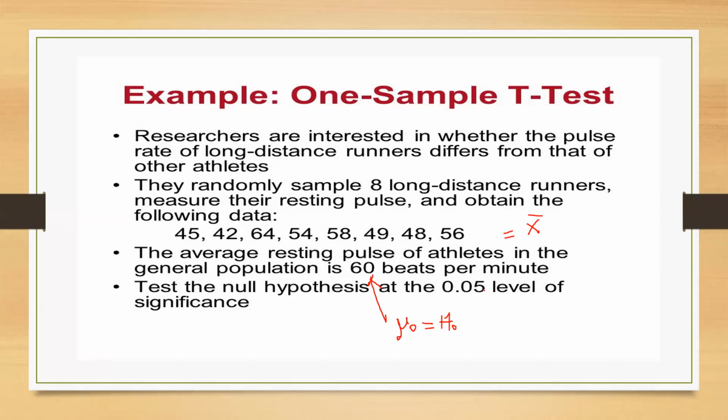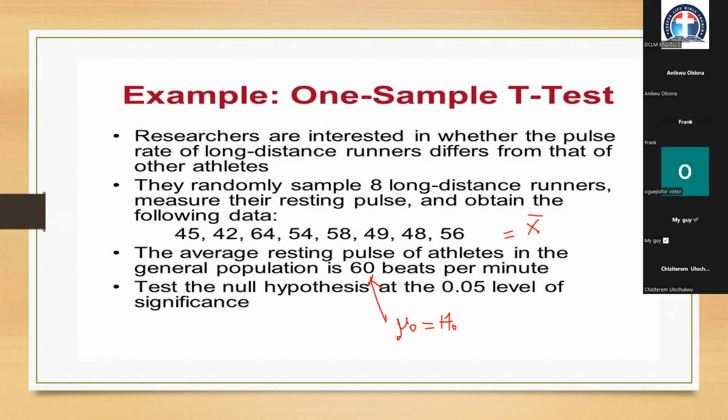It's as simple as that. The T value that you check in the table is your T-tab, T-tabulated. The T-cal is the calculated T. Is that clear? Yes, sir.